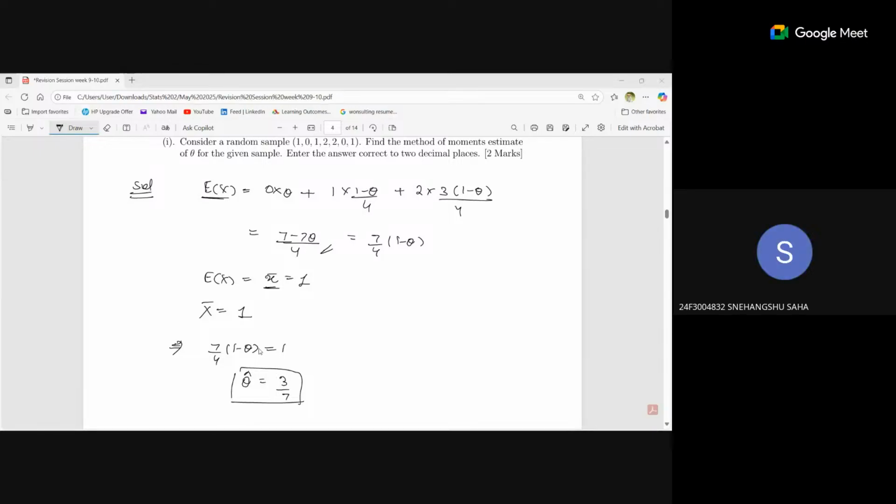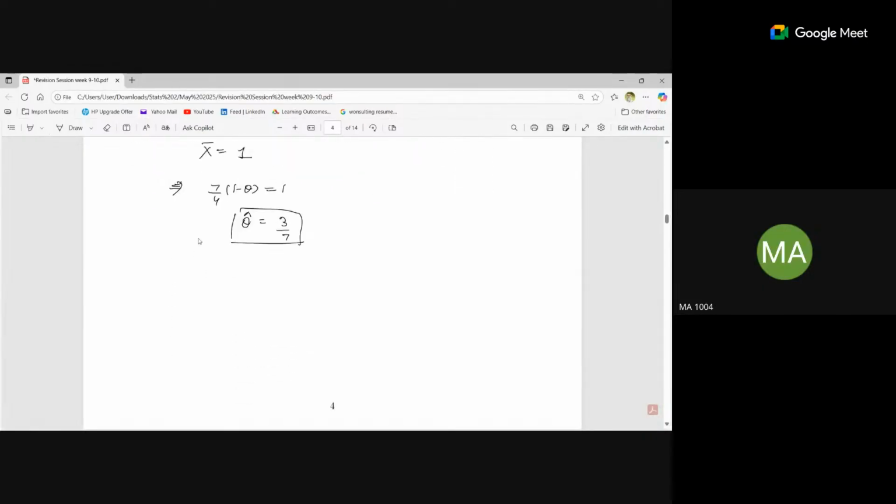Someone is saying 3 by 4? Okay, it's 3 by 7. Okay, so this is how you calculate the method of moments. Is this solution clear to everyone? Yes, ma'am.